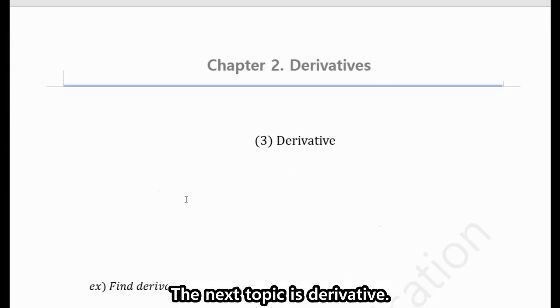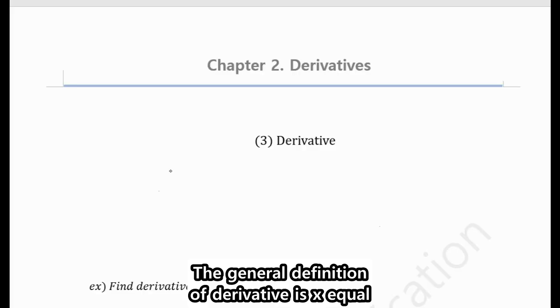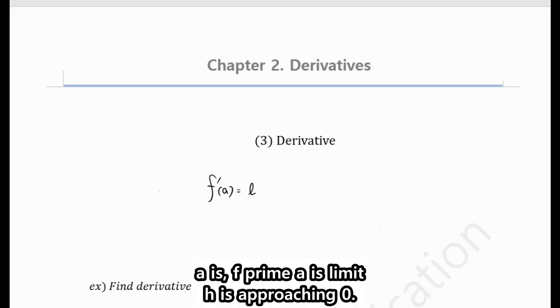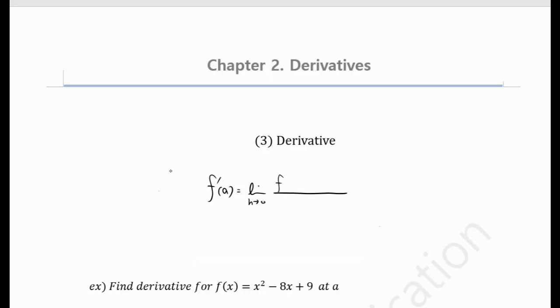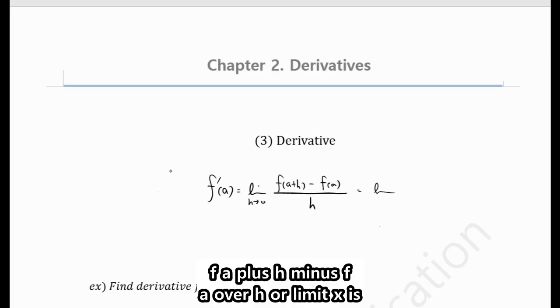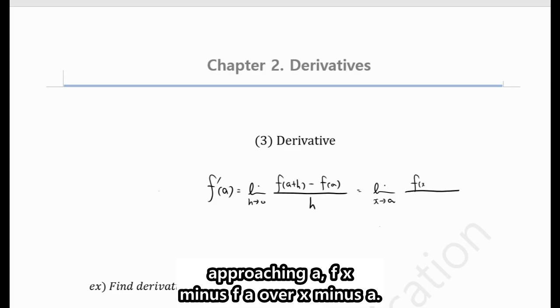So next topic is a derivative. The general definition of derivative at x equal a is f prime a is the limit as h approaches 0 of f(a plus h) minus f(a) over h, or the limit as x approaches a of f(x) minus f(a) over x minus a.